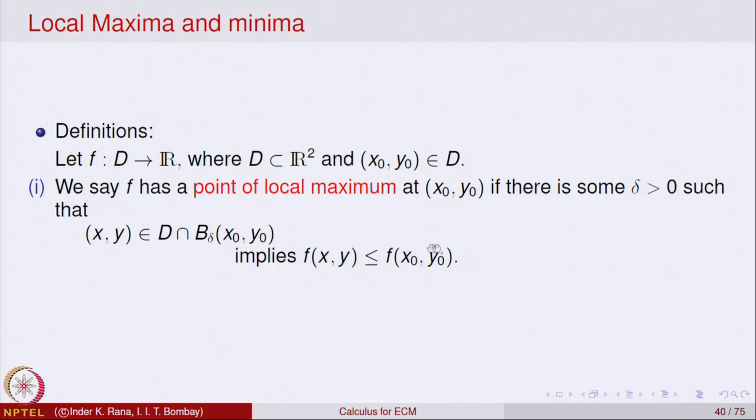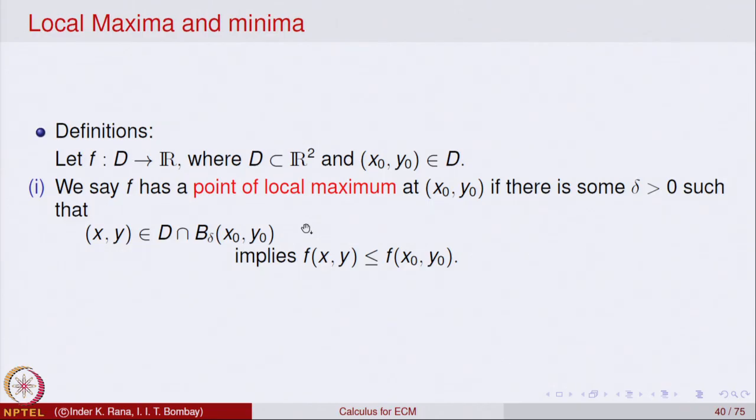If there is a ball, this B delta (x0, y0) is nothing but a ball centered at (x0, y0) of radius delta. That means, this is a set of all points at a distance of at most delta. Let me just explain, because we have not really explained this very well in the beginning.